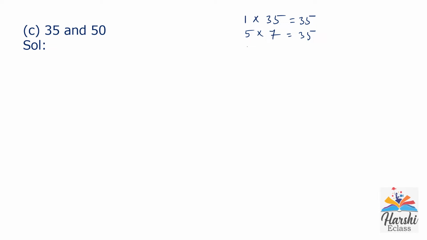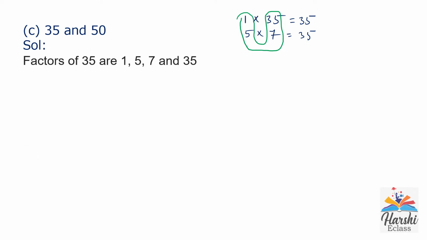But 7 and 5 are already written. So the factors of 35 are 1, 5, 7 and 35. Once the repetition of the number started, we will stop writing factors because the factors of the number are completed.